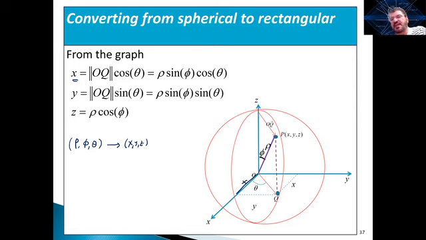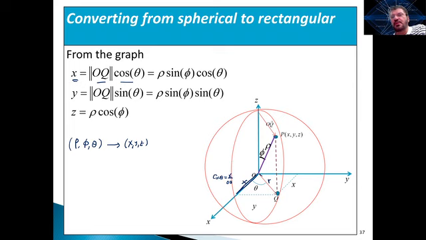So we can say that cosine theta is x over OQ. This is the radius. We know from this one, for x, that cosine theta is the adjacent, which is x over OQ. So x is equal to OQ cosine theta.